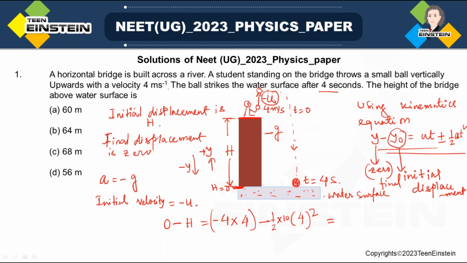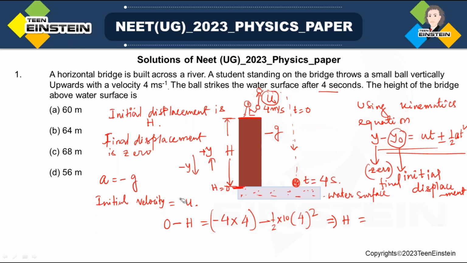On the left hand side I get 8 if I multiply the negative sign on both sides. So I think I have made a small mistake. Since it is thrown upward, I'll take this velocity as positive. I'm sorry for that.